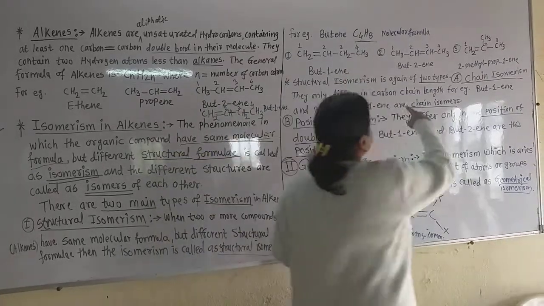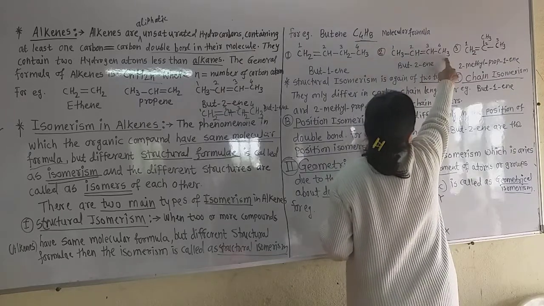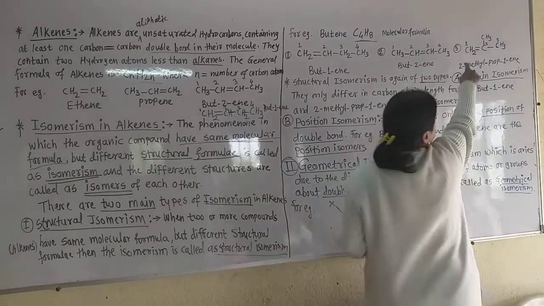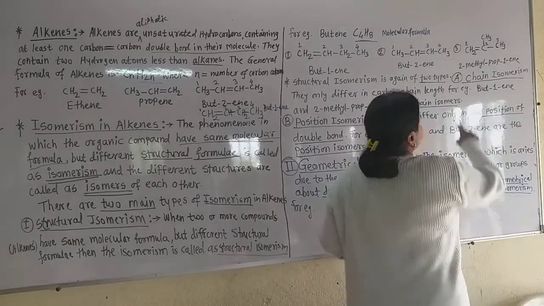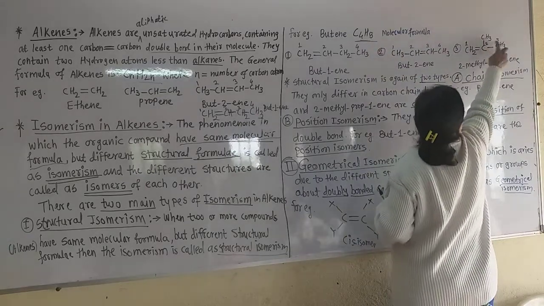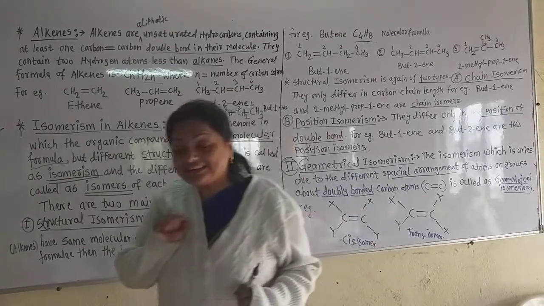Now here also, 1, 2, 3, 4, 4 carbon atoms, and 3 and 3, 6, 7, 8 hydrogen atoms. Also in this structure, 1, 2, 3, 4, 4 carbon atoms, and 3 plus 3, 6, and 2, 8 hydrogen atoms.